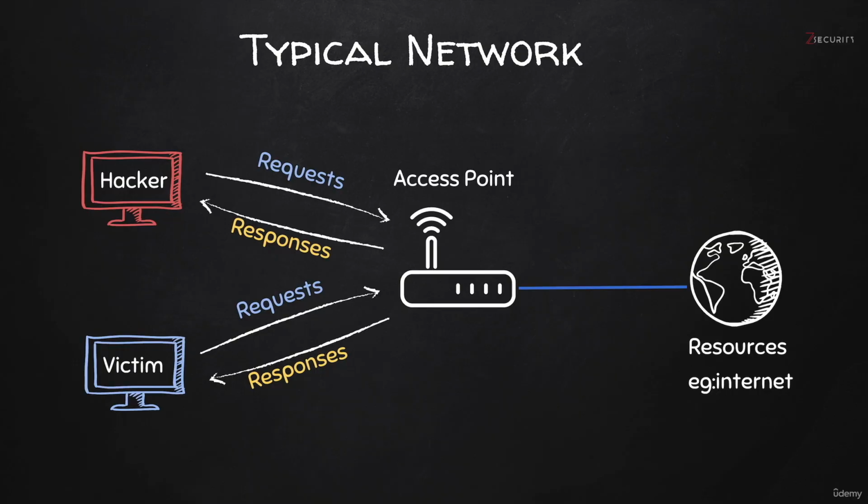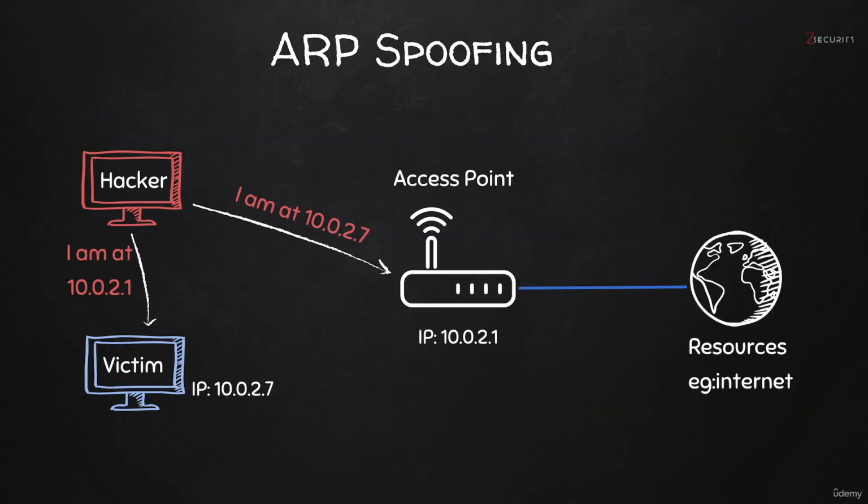Now what we can do is we can exploit the ARP protocol and send two ARP responses, one to the gateway and one to the victim. We're gonna tell the gateway that I am at the IP of the victim. So the access point will update its ARP table and it will associate the IP of the target with my MAC address.